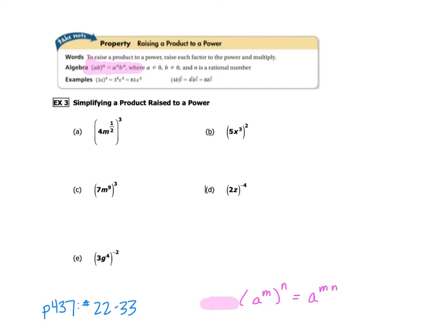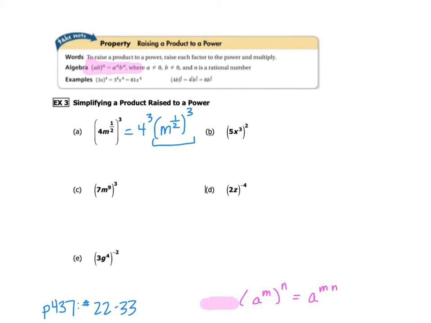So right here in example A, this becomes 4 to the 3rd, and this becomes m to the 1/2 to the 3rd. Now you're going to find as you get good at this, you're not going to write out this particular step. You're just going to multiply that 1/2 and that 3 right away.